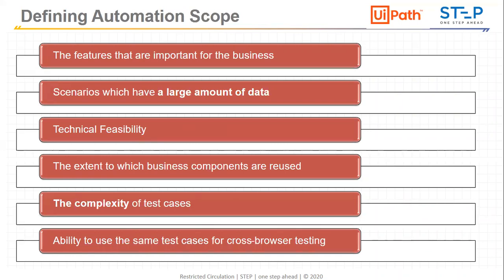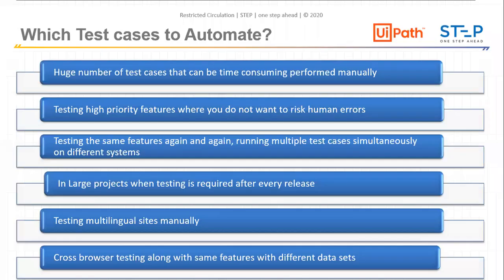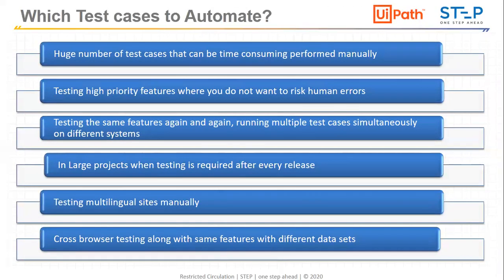So moving towards the journey, after defining scope we will see which test cases we need to automate and which test cases we will not automate, which are not feasible to automate. First see which type of test cases we can get into automation. It's a huge number of time consuming test cases performed manually.